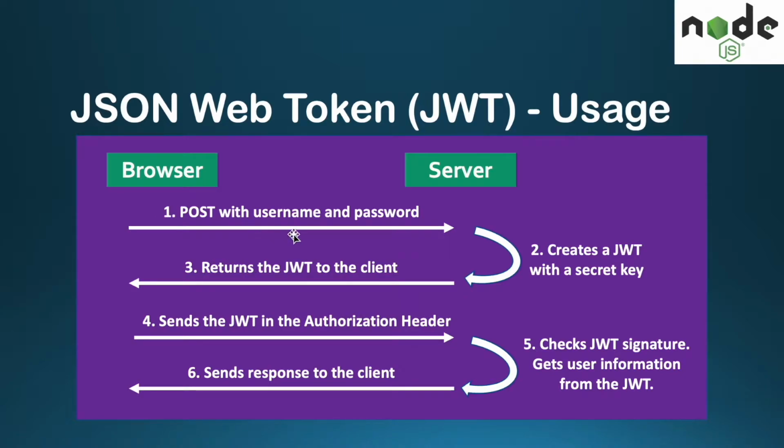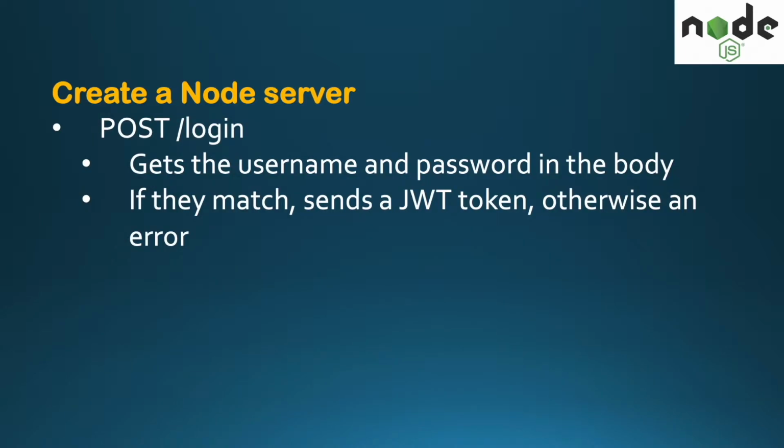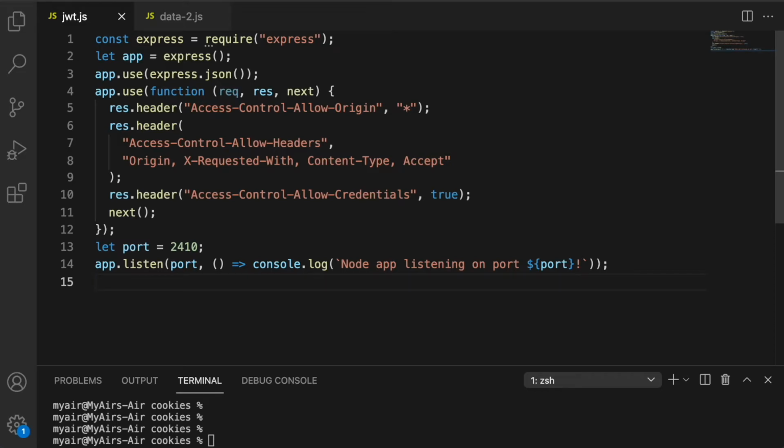In the post, we get a username and password. With that, we create a JWT using a secret key, and we return the JWT to the client. So this is what we are trying to implement here. So here in our VS Code, we have our standard boilerplate Express code, and the Express server is running on the port 2410. What do we want to do?